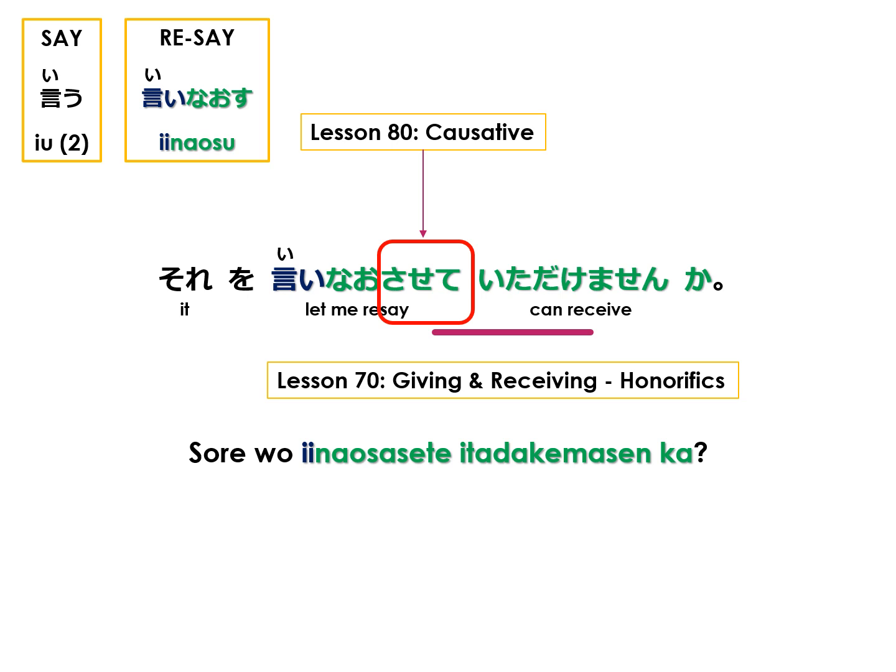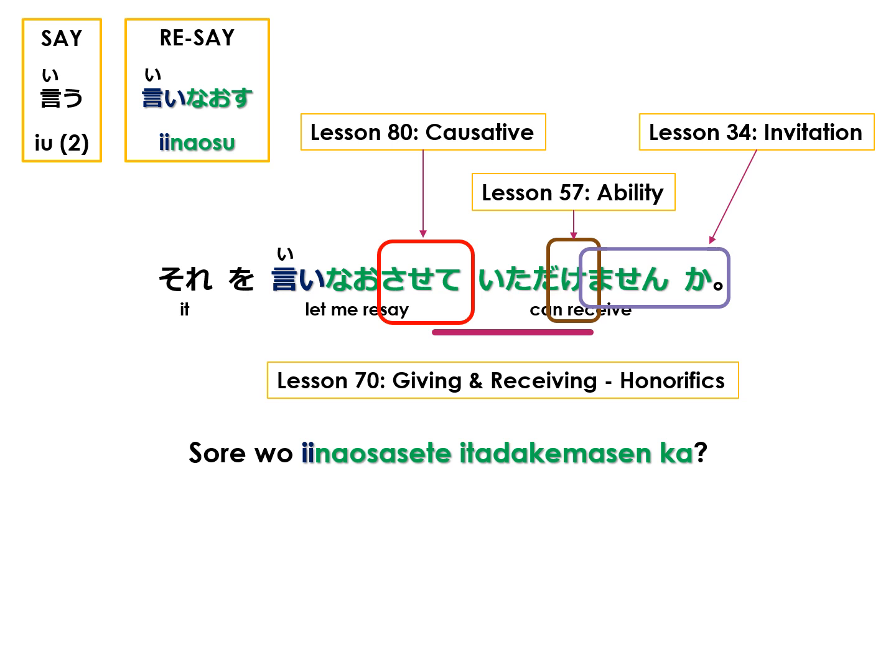And then we do a shortcut ability conjugation with いただく, making it いただける. いい直させていただけます can receive the action of letting me re-say. Shortcut ability was studied way back in lesson 57. And finally, we finish it off as an invitation with ませんか, which we learned to make way back in lesson 34. それをいい直させていただけませんか?